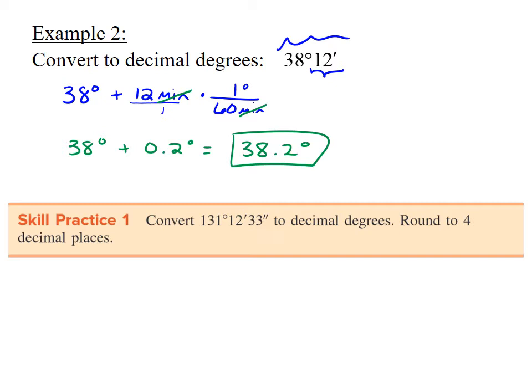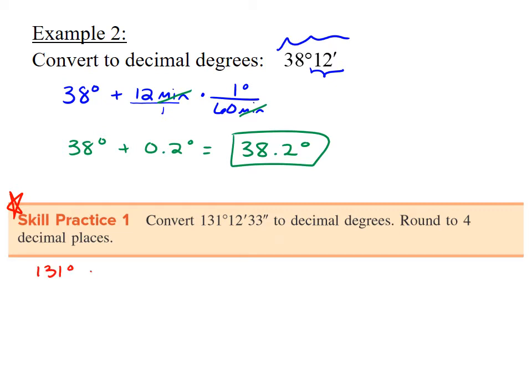This next example comes straight from your text. So all these skill practice problems are directly from your text. Now what I want to do is convert this value here to decimal degrees, just like we did before. So we know that we have 131 degrees.